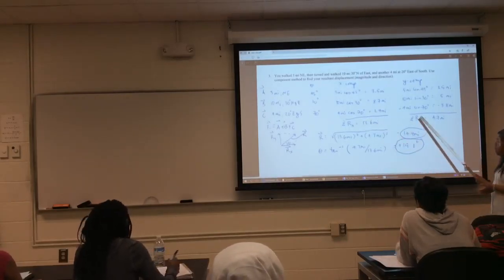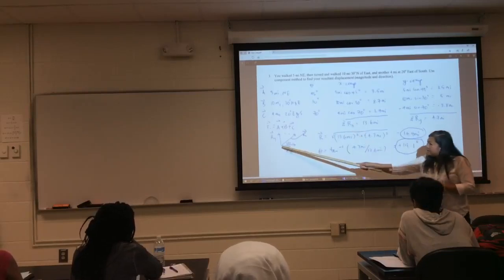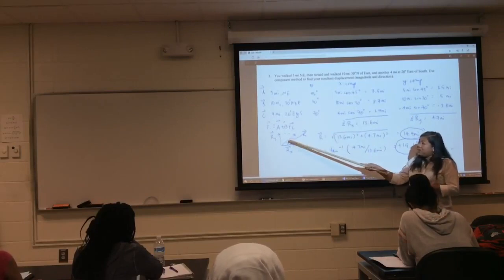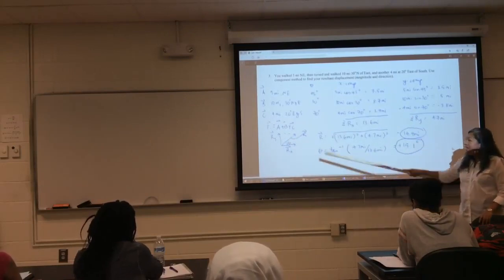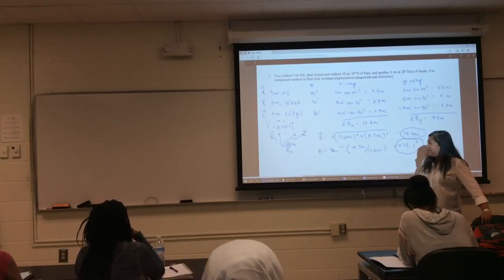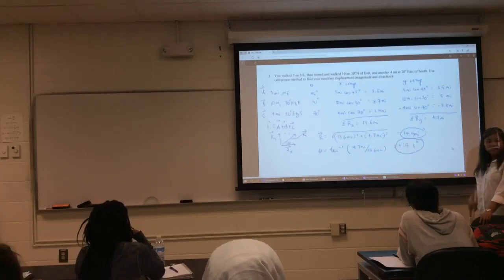And since these are perpendicular to each other, as shown over here, positive x is here, positive y is up there, we have learned that to get the resultant of two perpendicular vectors, you simply get the diagonal using Pythagorean theorem. So Pythagorean theorem is the sum of the squares, right?